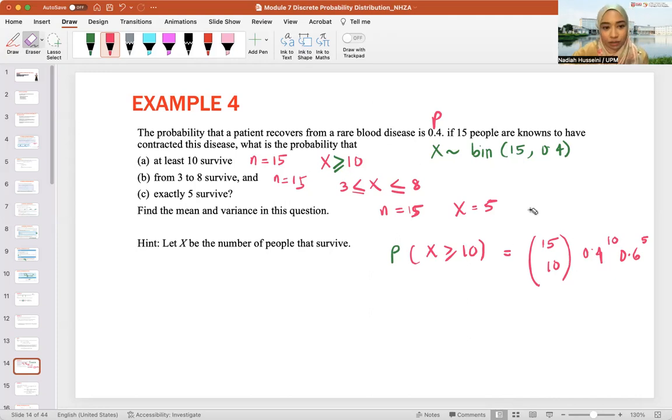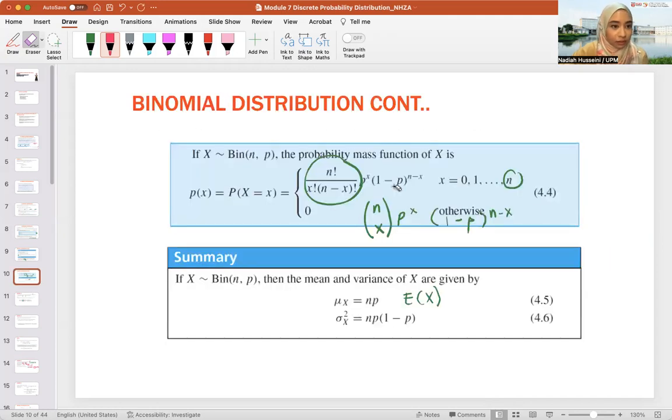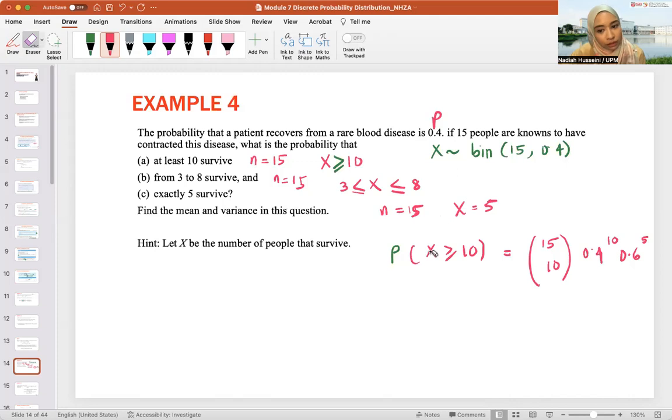Okay, so let's go over the equation again. Look at the equation carefully. This is the probability of x equal to whatever number that we choose. Equal, not greater than or less than. So if we have something like this, we have to rethink this problem.